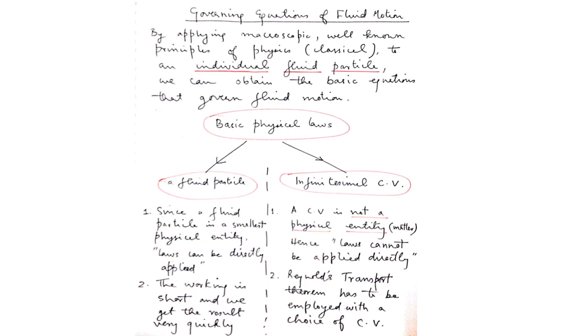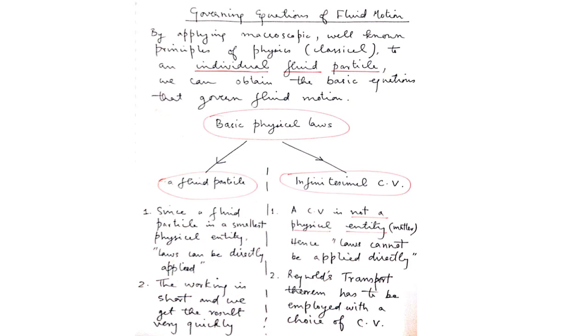So all physical principles in classical physics are valid for a system or a material entity, a well-defined piece of matter. An individual fluid particle, at least notionally from the continuum concept, is very well defined. This is the smallest physical entity, so we can apply all physical principles to it and get the governing equations of fluid motion in differential form.